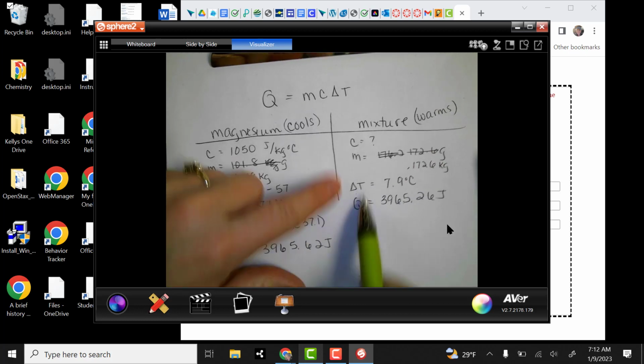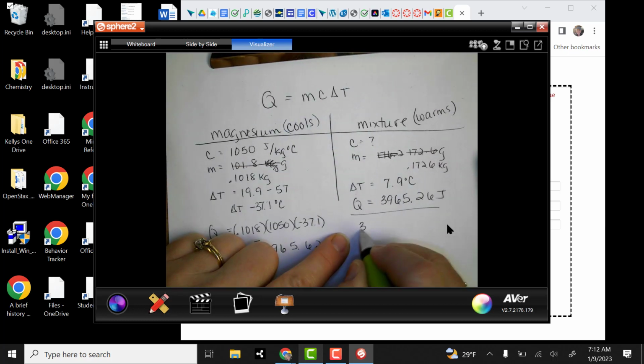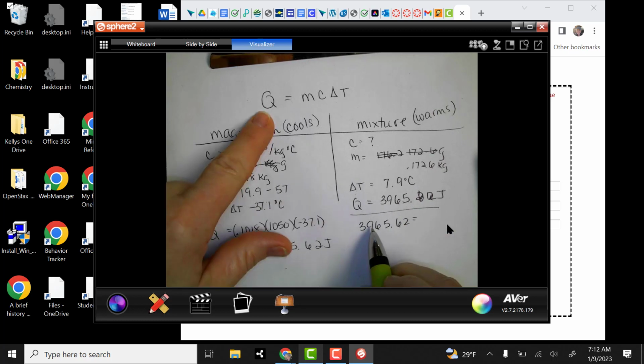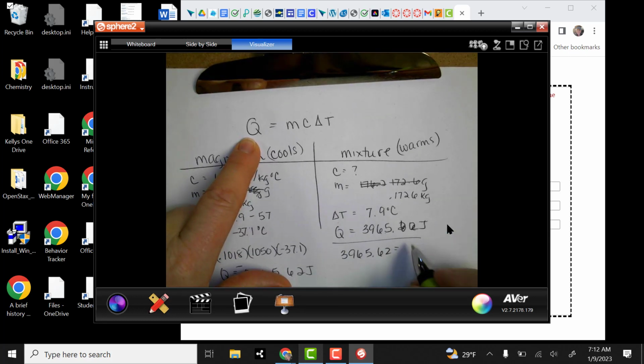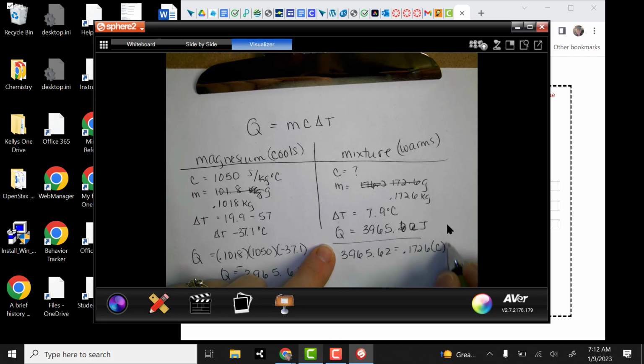Now we can solve for our unknown. We put 3965.62 in for Q, the thermal energy that our water mixture gains, then the mass of the water mixture. We're solving for C, and the change in temperature is 7.9 degrees.